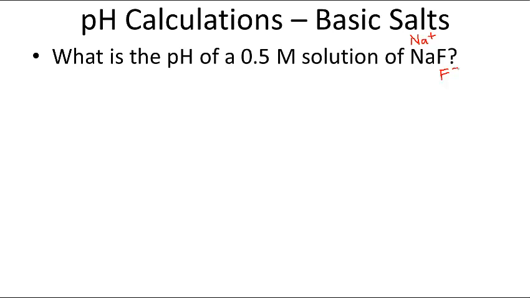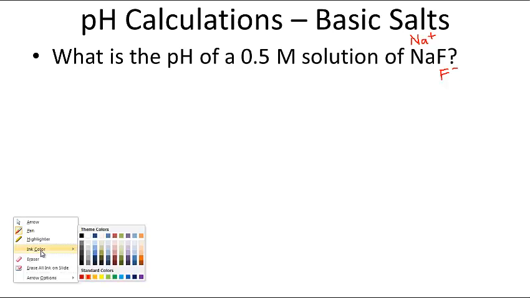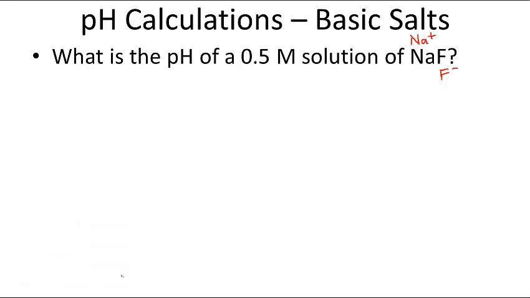Which one of those has no acid-base properties at all? Sodium, Na+. This is totally a spectator. It's always a spectator, right? Even in our precipitation reactions, sodium ions are just destined to dissolve, and that's it. They just watch everything happen.